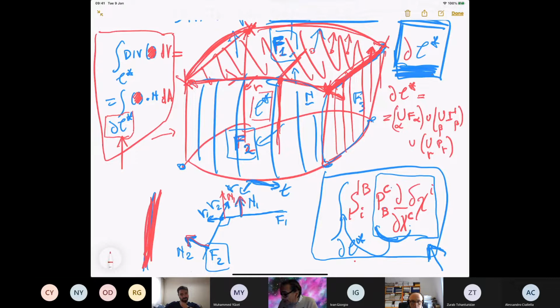These appear in the divergence theorem, which we discussed yesterday. Remark that in general, nu1, nu2 are not N1 and N2. This happens only when this angle is pi over 2.